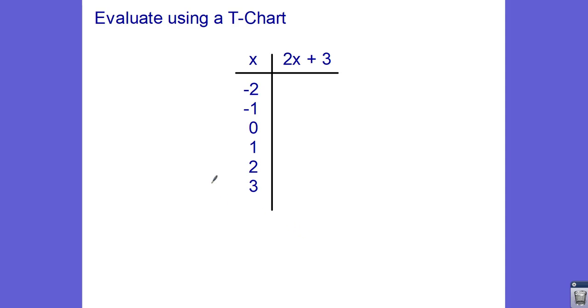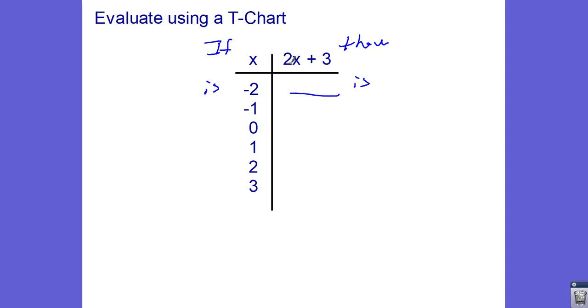It says, if x is negative 2, then 2x plus 3 is what? It asks a question every single time we want to do it.